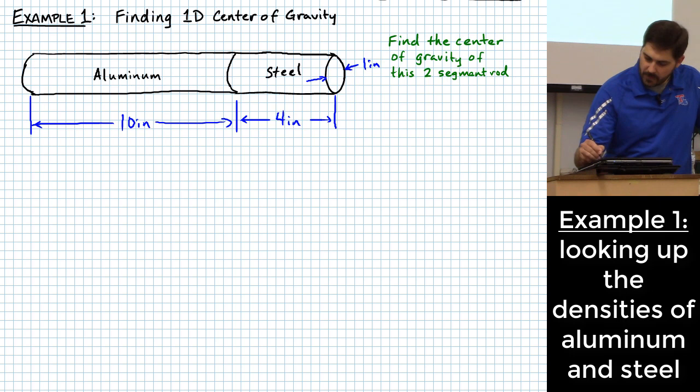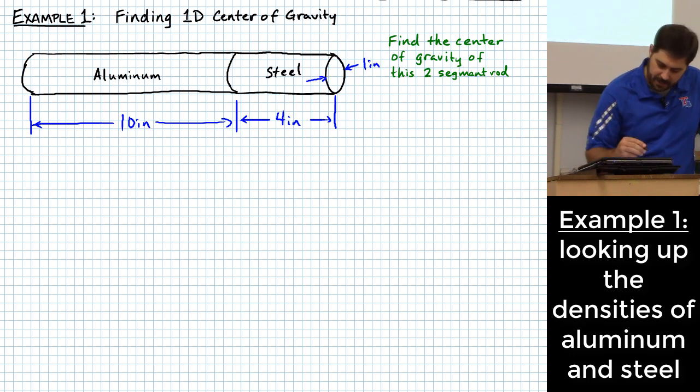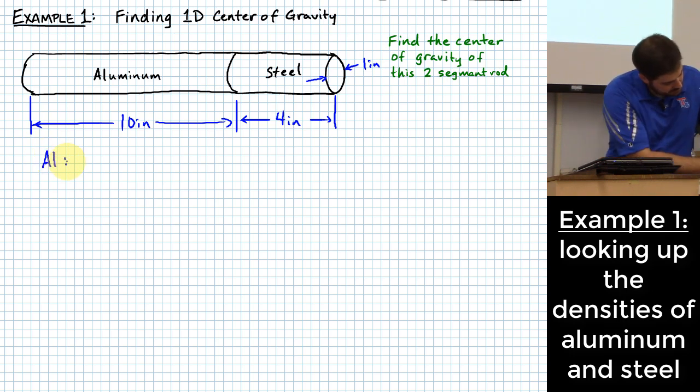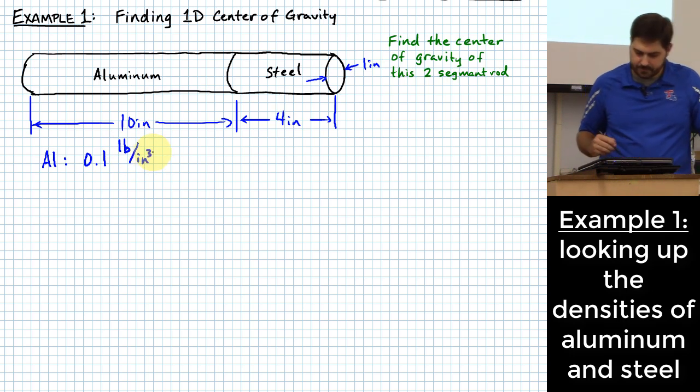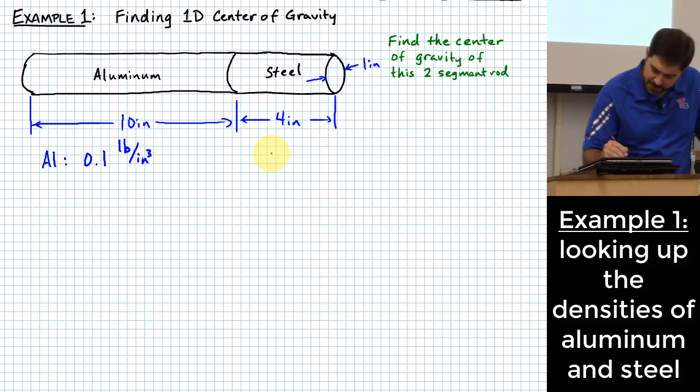Okay, so let's go ahead and put that in here. The specific weight of aluminum is 0.1 pound per cubic inch. Okay, and what about for steel?